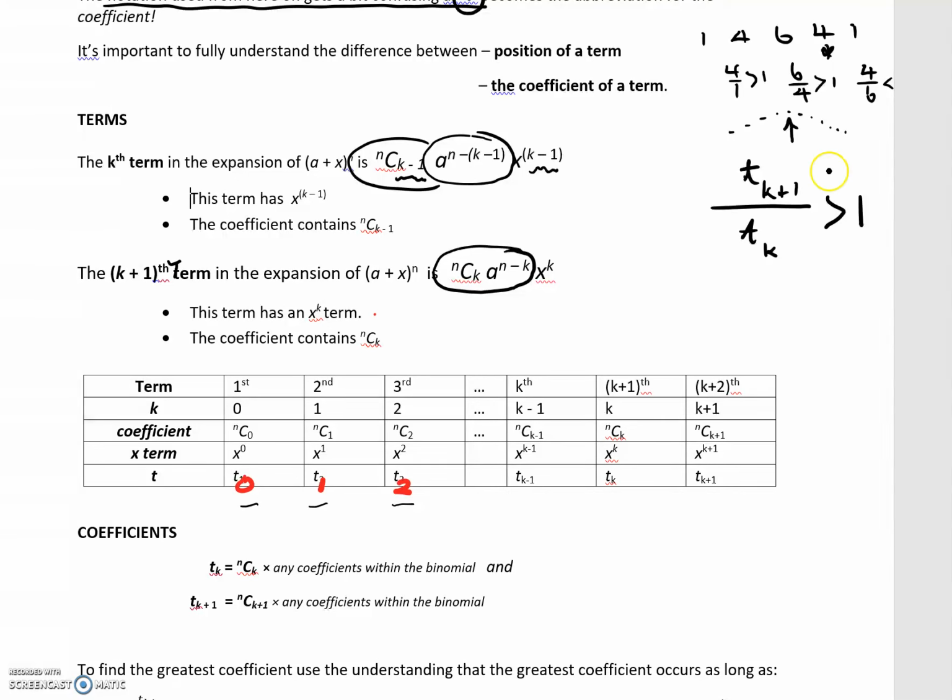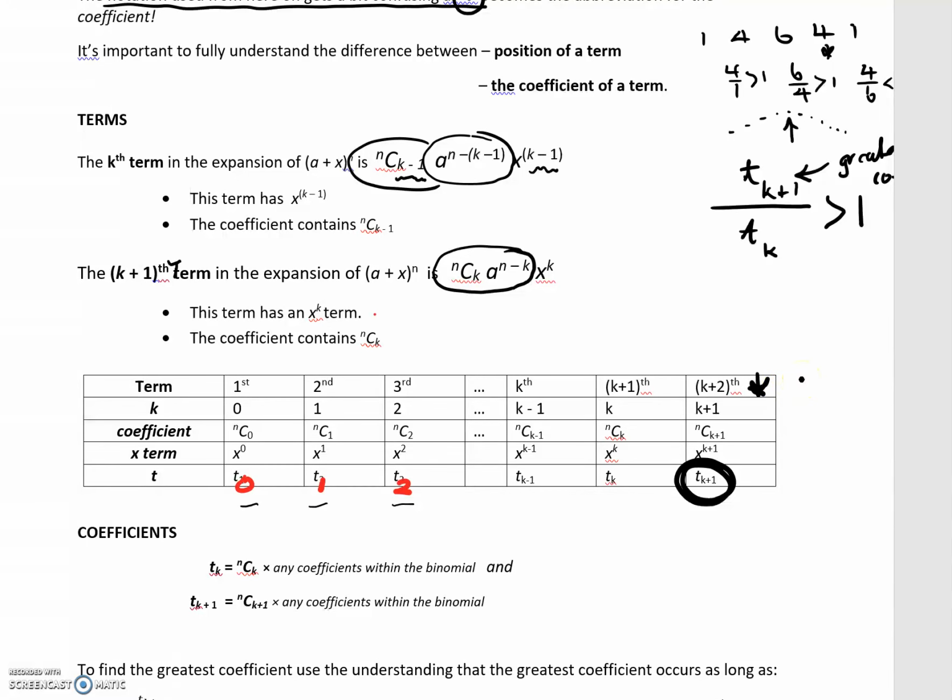And at the point that it is greater than 1, this becomes the greatest coefficient. But remember, if it has coefficient named k plus 1, it will actually be in the overall position in terms of the number for the term. It will be the k plus 2 term.